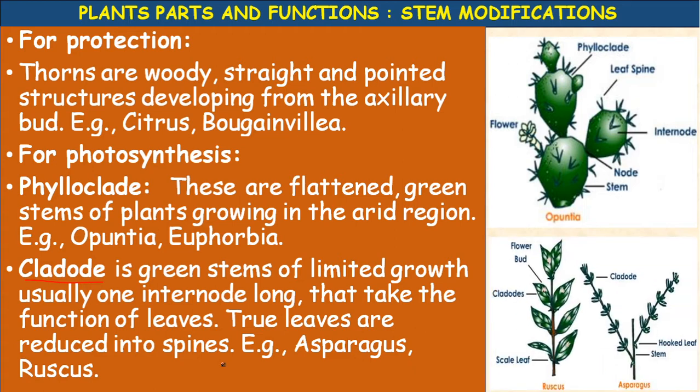Nodes and internodes are present. Ruscus is an example of cladode. Asparagus is also an example of cladode, but Opuntia is an example of phylloclade. Phylloclade and cladode are modified stems for performing photosynthesis.